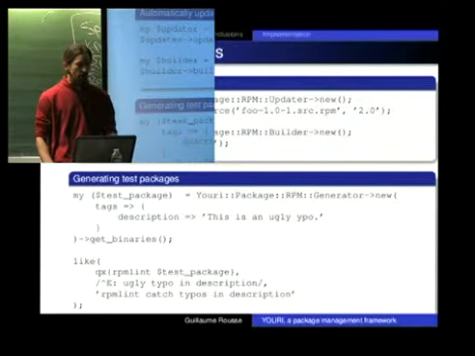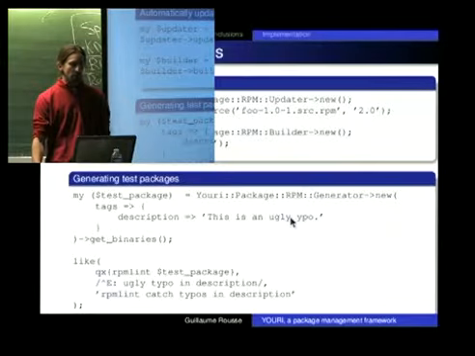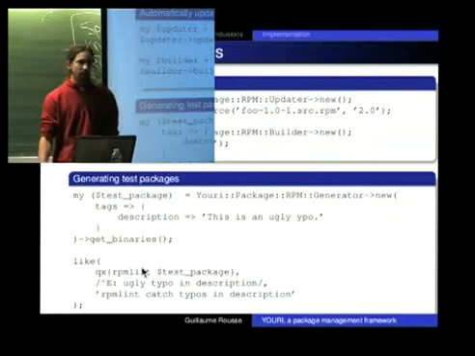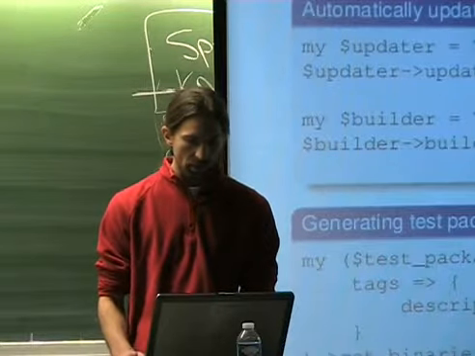You can automatically generate an empty package with nothing inside, with an ugly typo in the description. It is automatically built, and then you can run regular regression tests with it and ensure that your favorite package checking tools still work. That's this kind of stuff you can do with the module suite.